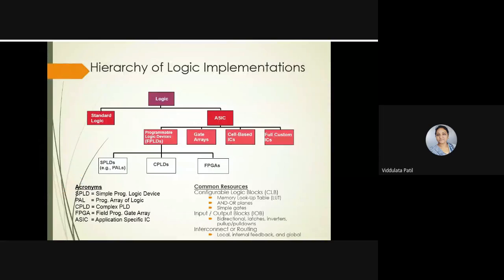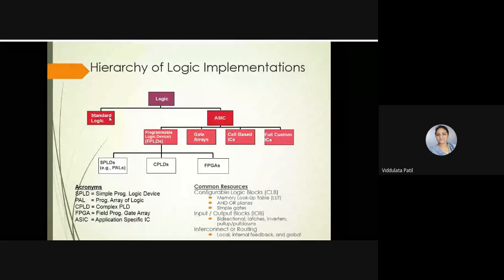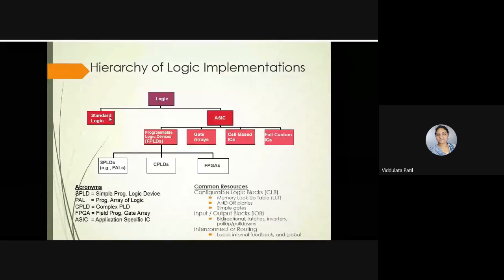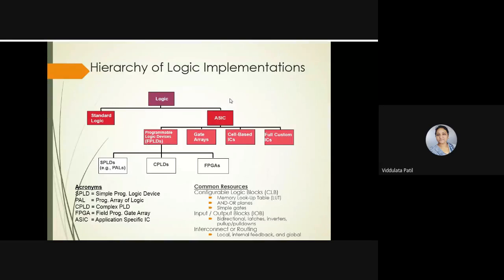As we know, whatever our logic is, we can implement that using standard logic. That means we can use different ICs which are available in the market and customize our circuitry, or we can go for an application specific IC.